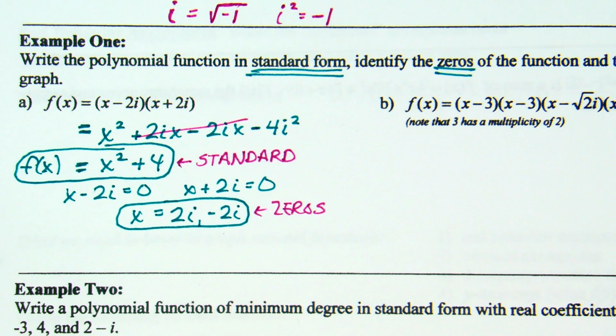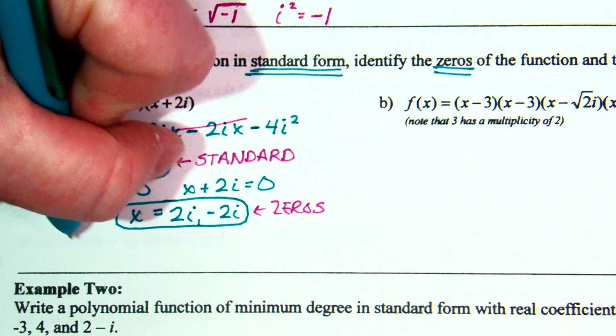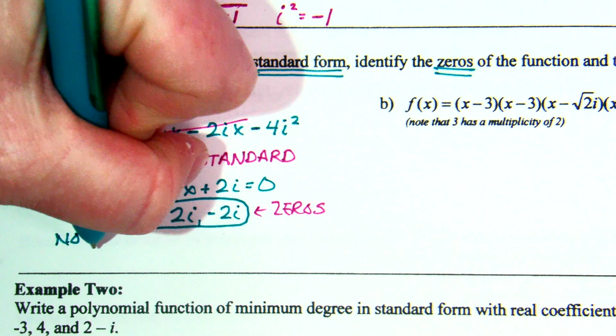It wouldn't be on the x-axis because the parabola would be up 4. Yeah, x squared plus 4 is a parabola moved up 4. And if it's a parabola moved up 4, is it ever going to cross the x-axis? No. So thus, we have no x-intercepts.